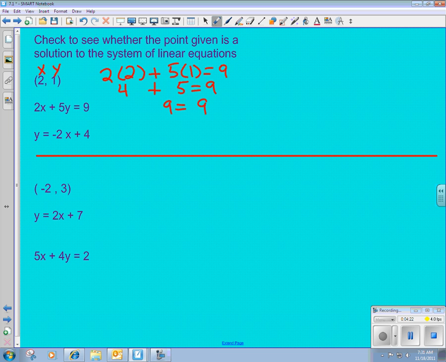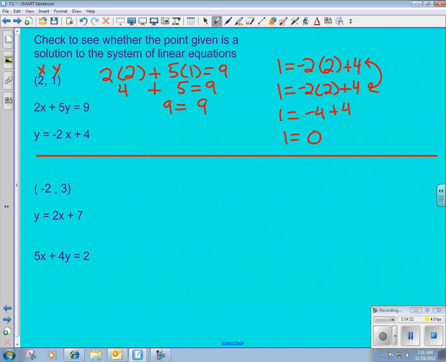Second one: 1 equals -2 times 2 plus 4. So we're going to go through and figure that one out. 1 equals -4 plus 4. 1 equals 0. I didn't mean to do this, those two steps are the same, sorry about that.